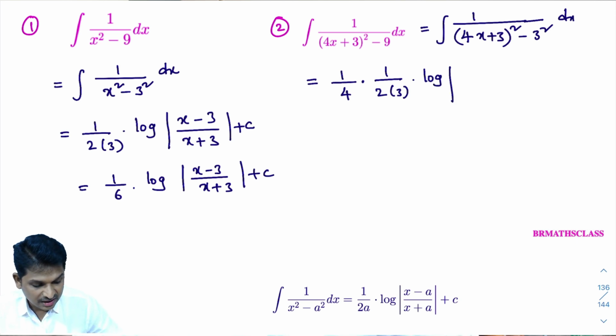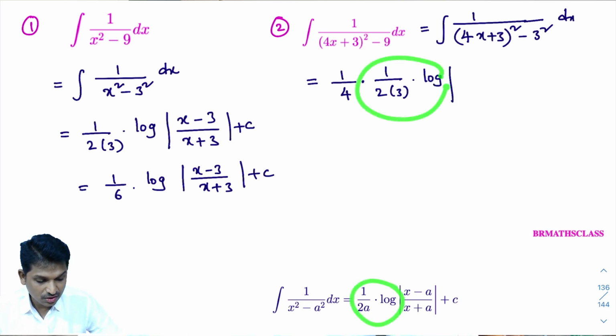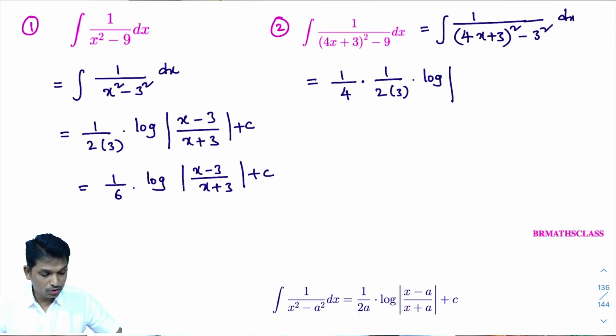Listen carefully. This part, 1 by 2a into log, is over. Now look here: modulus of x. In this formula, in place of x, 4x plus 3 is there. So wherever x is there, you write 4x plus 3. 4x plus 3 minus a.